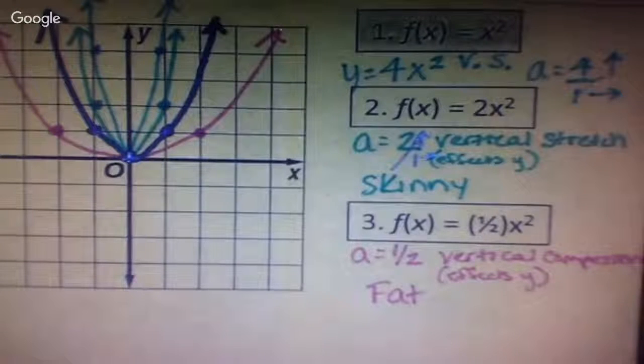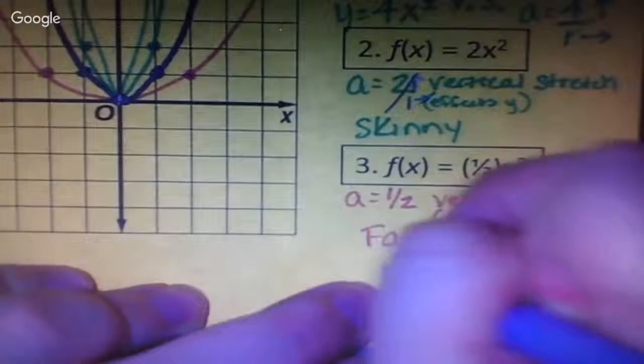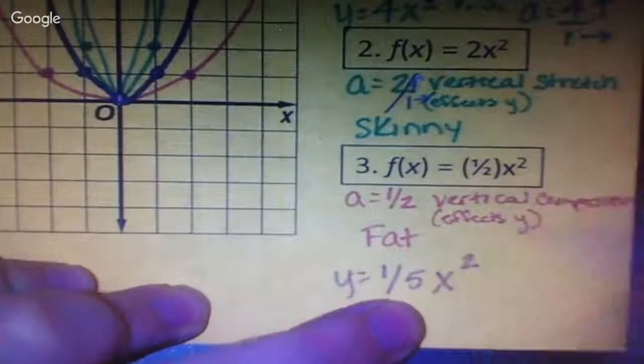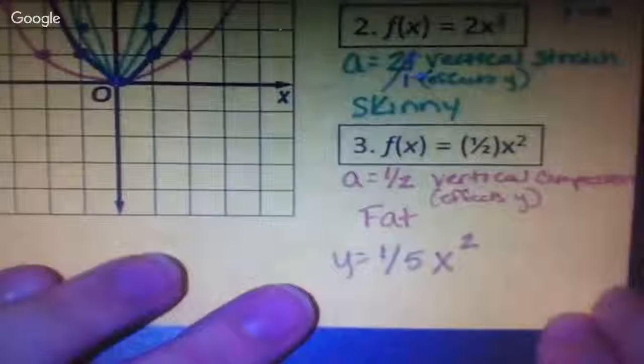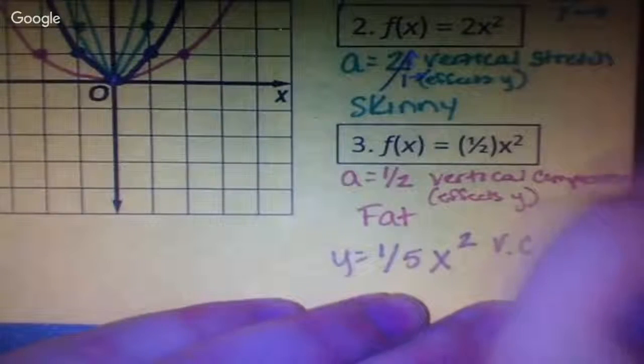Okay, let's do y equals 1/5 x squared. So this is a vertical compression.